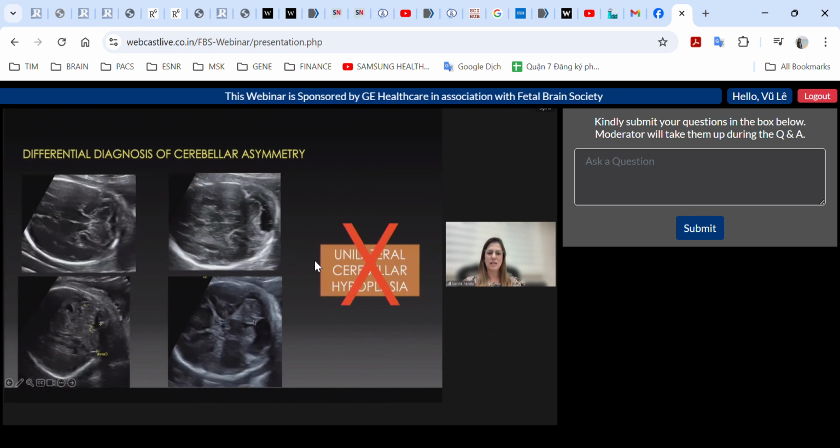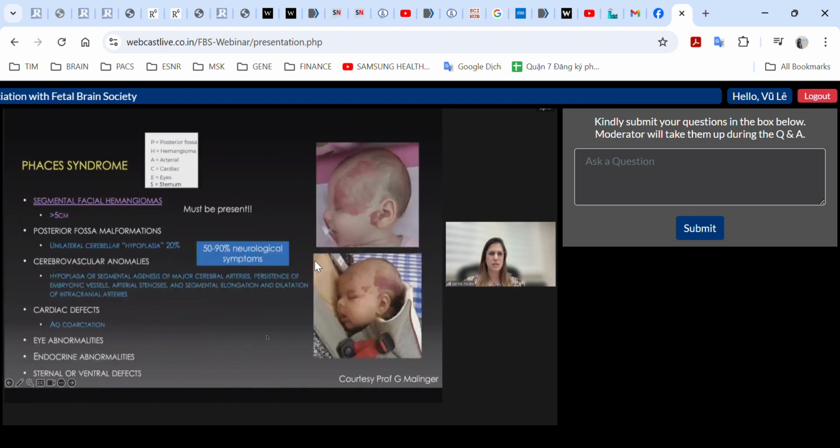Another option that we have, apart from the asymmetry, is this communication between the fourth ventricle and the cisterna magna in a Dandy-Walker-like fashion. And we should always remember the PHACES syndrome. The final diagnosis of PHACES syndrome is postnatal because it requires the presence of a facial hemangioma. Important to notice that not always on the day of birth we can see this hemangioma.